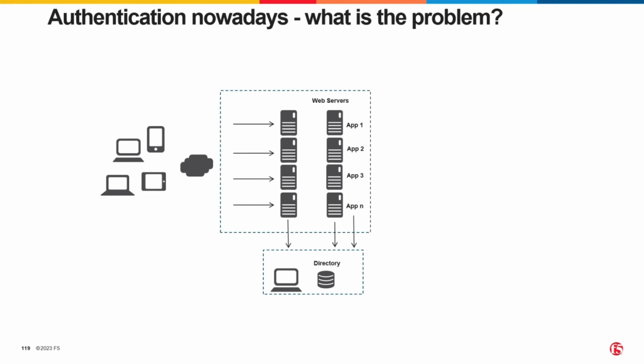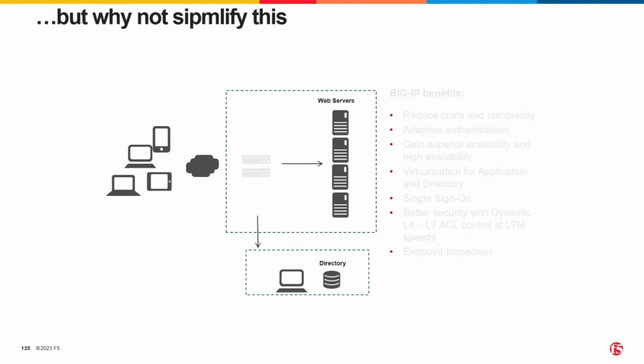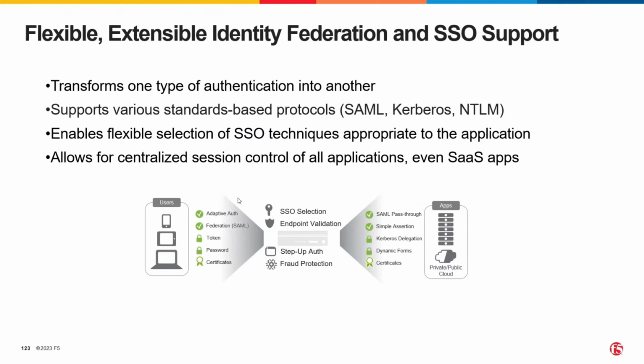So that if the session is open to the first service, the session needs to be maintained when establishing the connection to the second and third and whatever service, right? So this is something that can be achieved using F5's APM. And this can be dramatically simplified. Okay, so when having Access Policy Manager, we can use different types of protocols on the client side and on the server side.